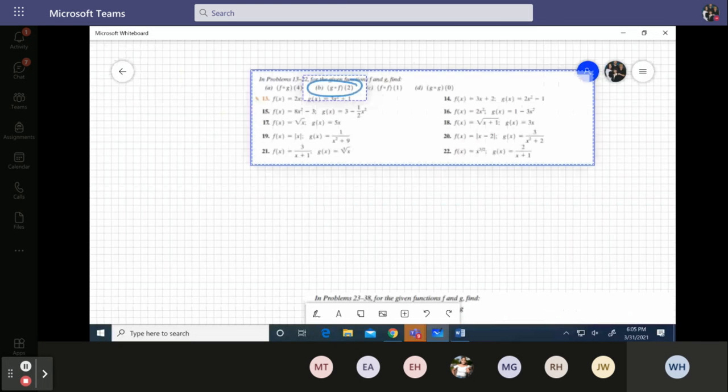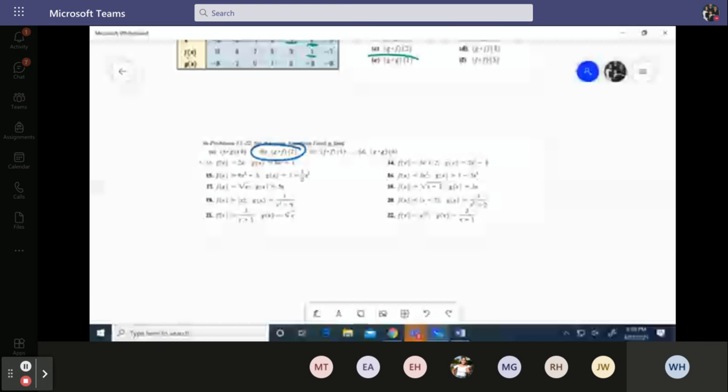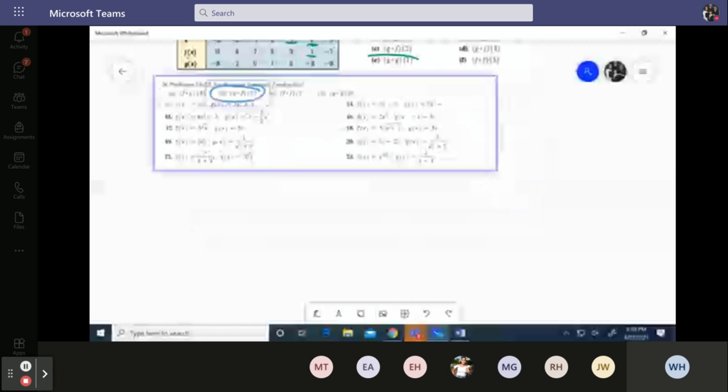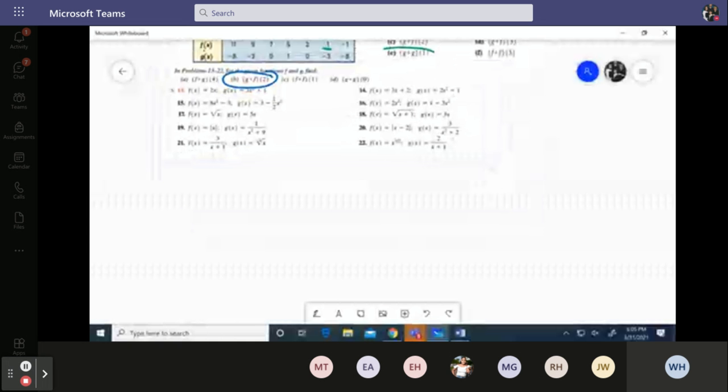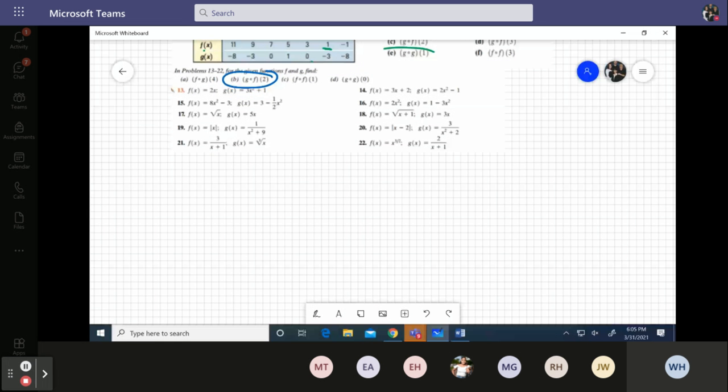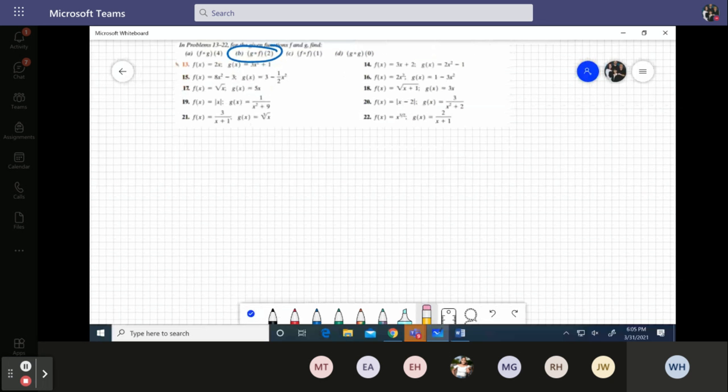So let's look at when we have functions. Again, we're going to work from the inside out. So on problem 13, I have that f of x is equal to 2x, and g of x is equal to 3x squared plus 1.